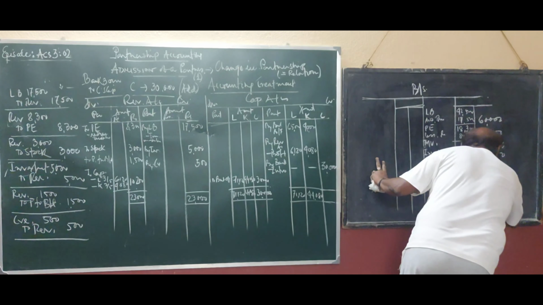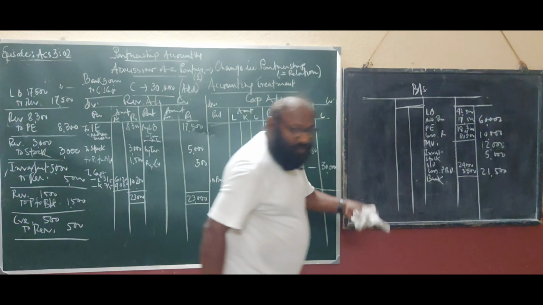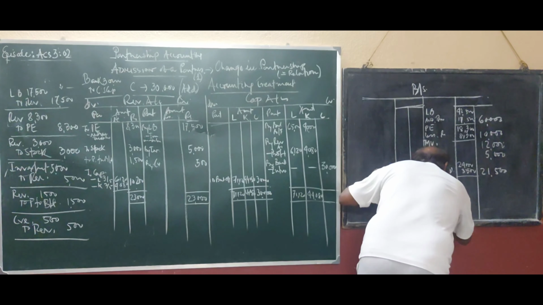Okay, so it is 21,500. And bank balance हम लोगों को कितना था? Bank balance था 6,000 and Mr. C has brought in how much amount? 30,000. So it is 6,000 plus 30,000. It will be 36,000.